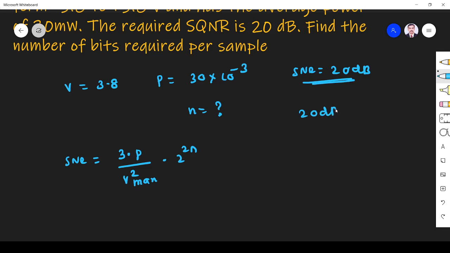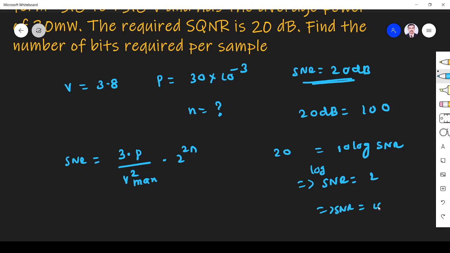If I want to convert into a number, it is 10 log, not 20 log, since it is power. So 10 log SNR is equal to 20, so log SNR is equal to 2. This implies SNR is equal to 10 power 2, that is 100.